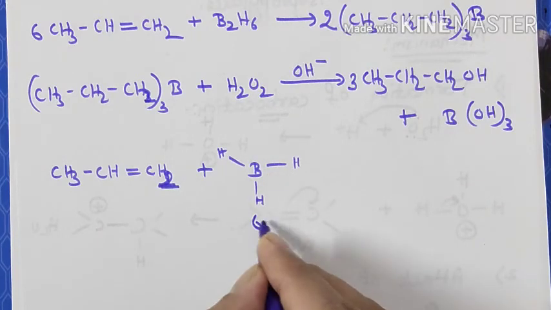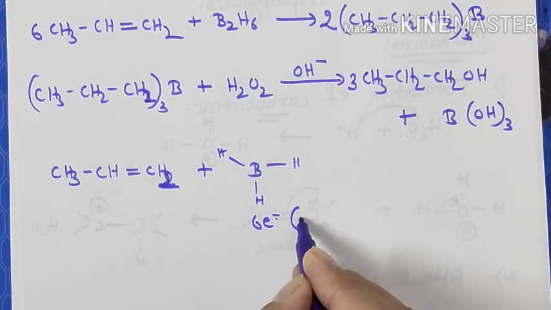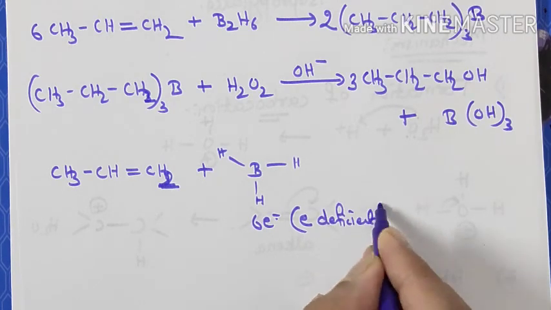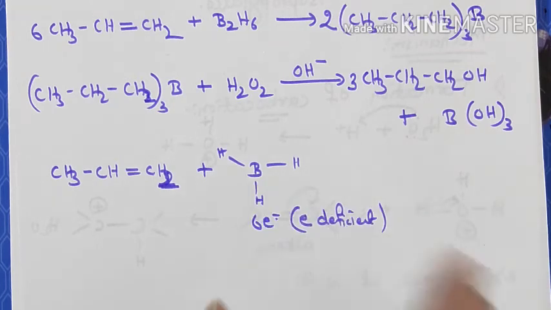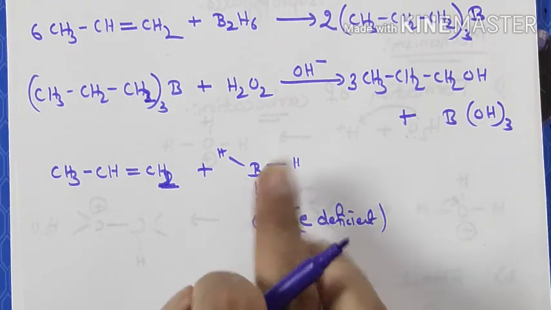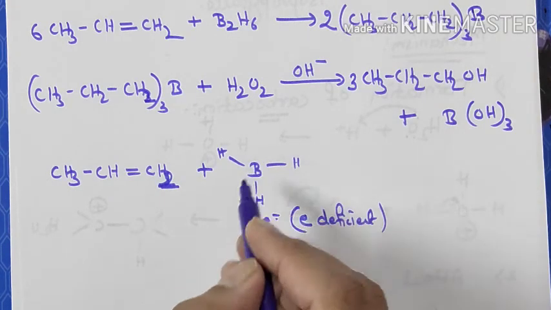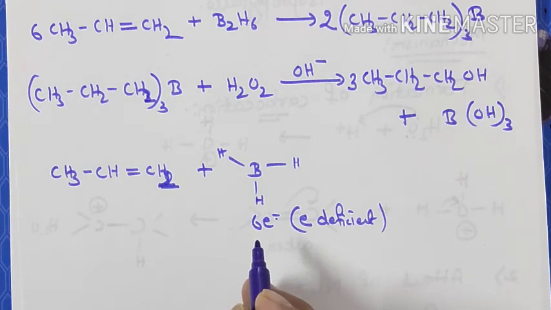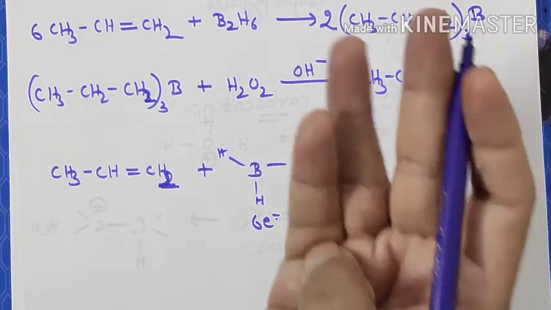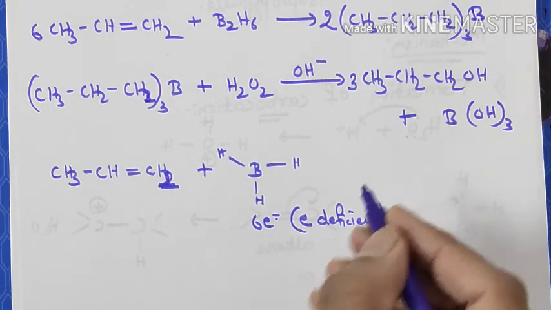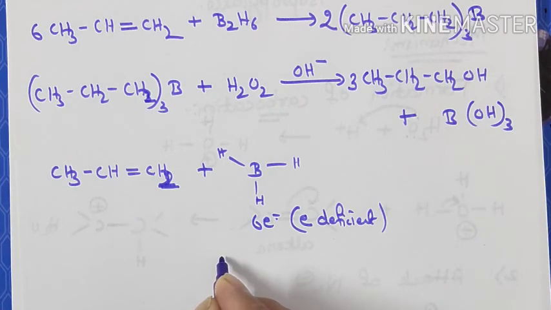So when I have 6 electrons, that means it is electron deficient, right? Understand? This is very important. What is the atomic number of boron? Hydrogen, helium, lithium, beryllium, boron. So boron has 5 electrons.